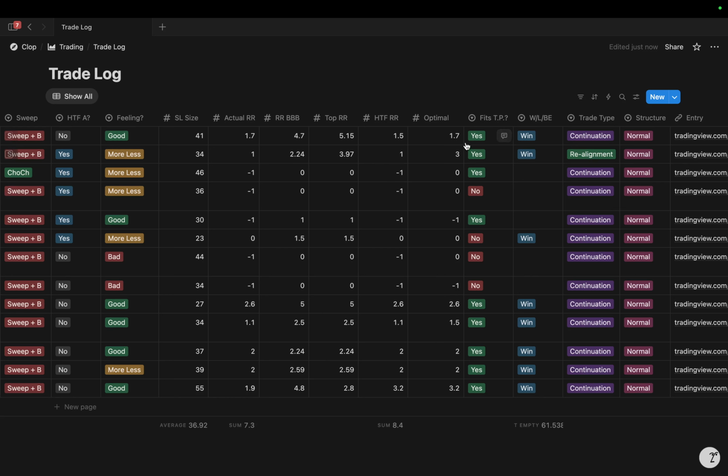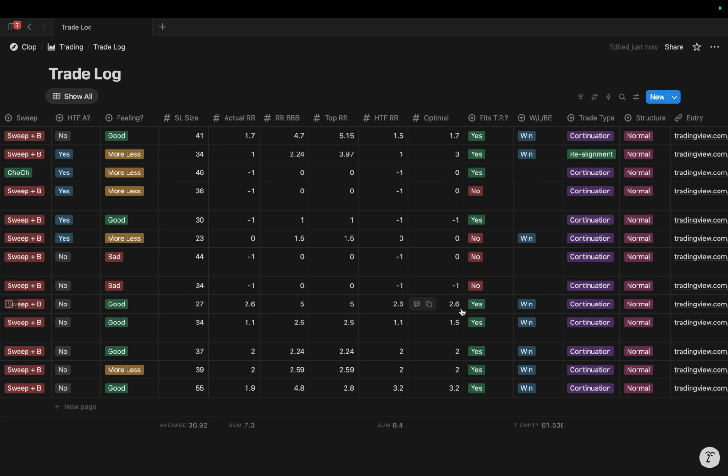Then optimal RR. I like having 2 trade logs. I'm explaining that in another video, but you can really compare yourself to the absolutely perfect entry and exit versus the entry and exit you've had, right? So this is pulled out from the absolute best entry and exit based on your plan, and you can compare yourself: while you're staying short, while you're getting a little bit more, you broke your plan.